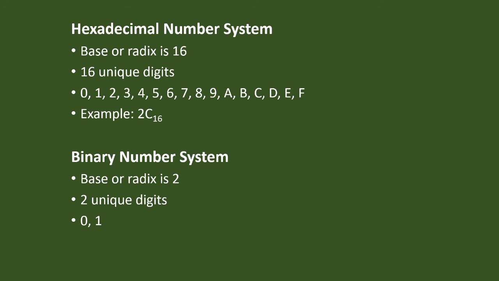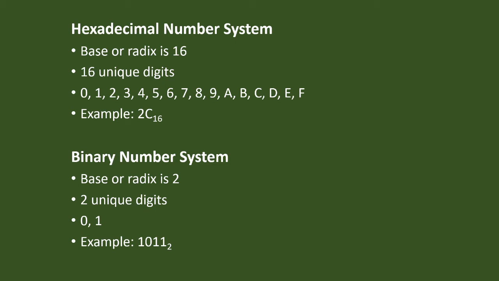So the computer can understand only the language that is written in series of ones and zeros. An example binary number is 1011. We put the subscript 2, so we will know that this is a base 2 number, or a number that is in binary number system.